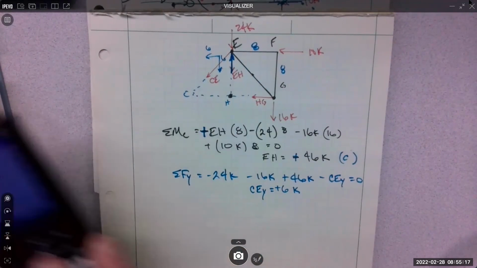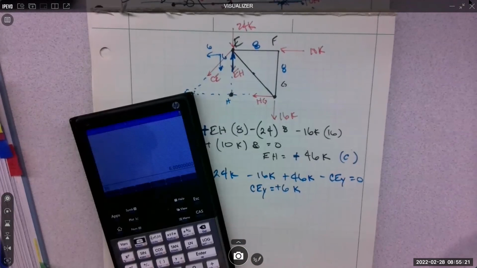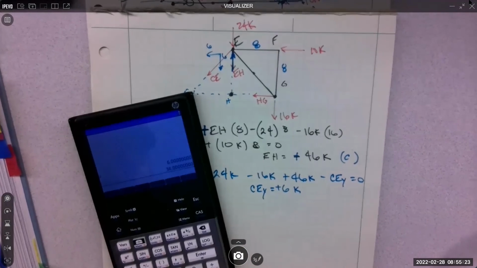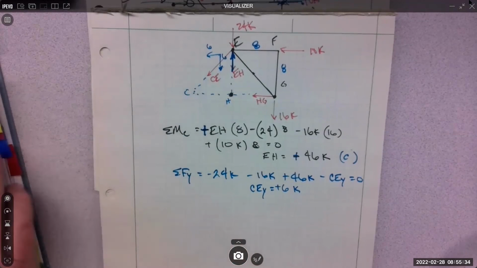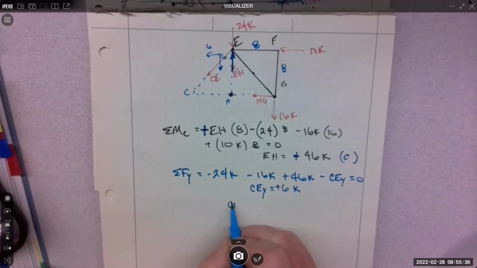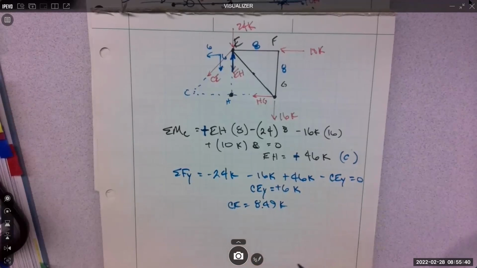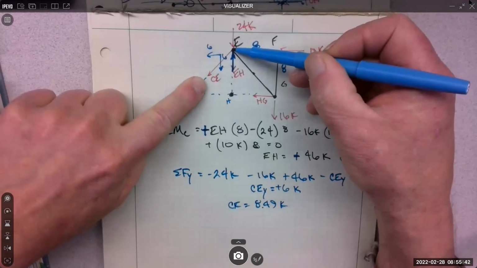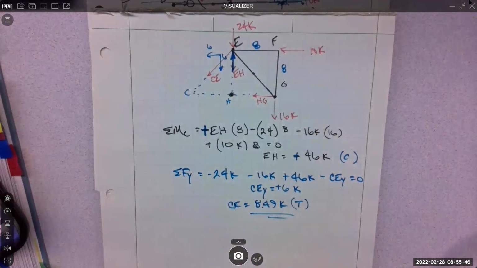So we should be able to just Pythagorean that out. 8.49, if I round it, I guess. CE equals 8.49K pointing away, which means tension.